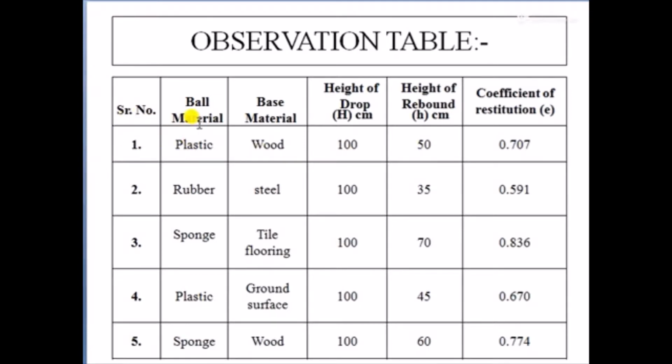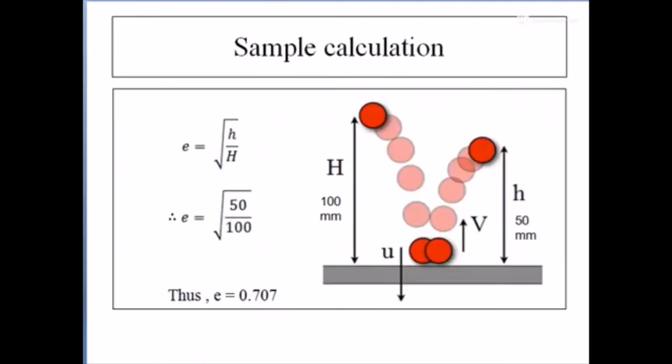You can see that the ball was made of plastic and it was bounced on a wooden table. The height from which the ball was dropped was 100 centimeters and the height to which the ball rebounded was 50 centimeters. Both the readings were noted down. So in the diagram you can see after dropping the ball from a height of 100 centimeters, it rebounded to a height of 50 centimeters.